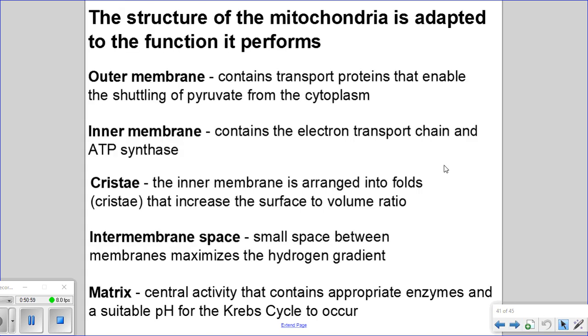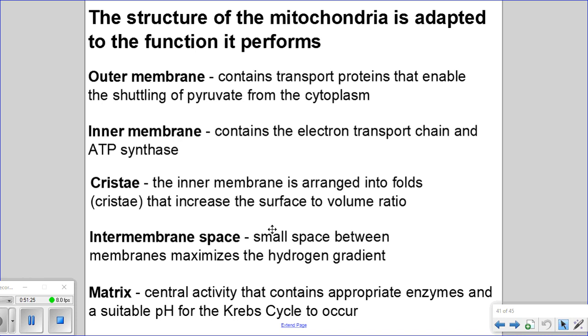So the structure of the mitochondria is actually adapted to perform its function. So the outer membrane will contain transport proteins that enable the shuttling of pyruvate from the cytoplasm. The inner membrane contains the electron transport chain and ATP synthase. And the cristae, now the inner membrane is arranged into folds, cristae, that increase the surface to volume ratio.